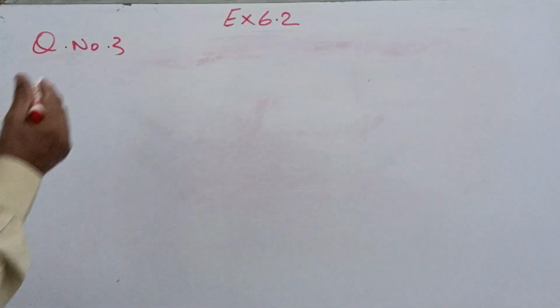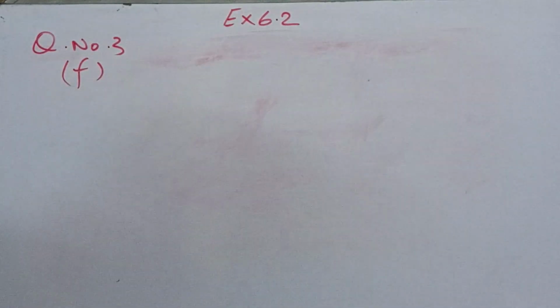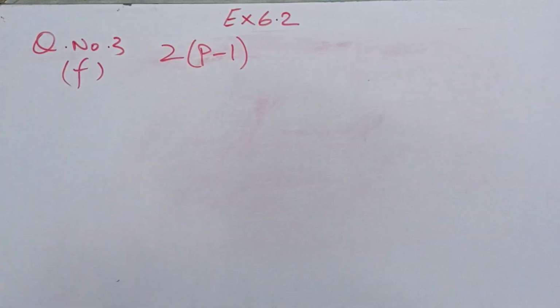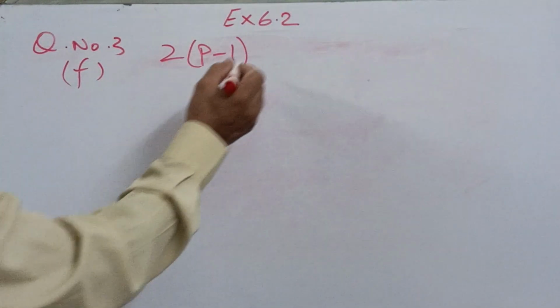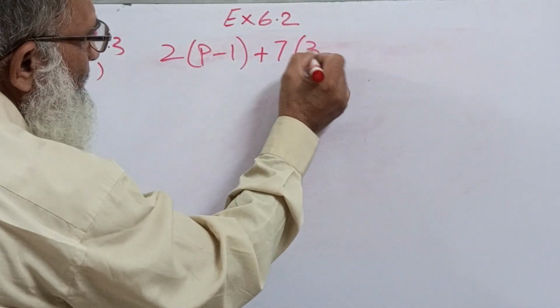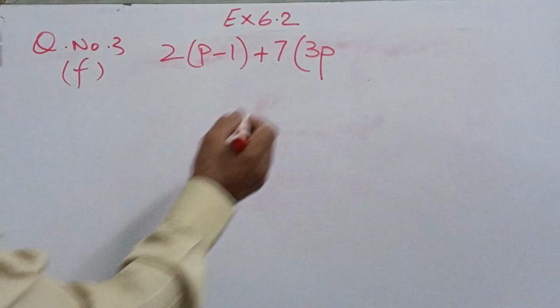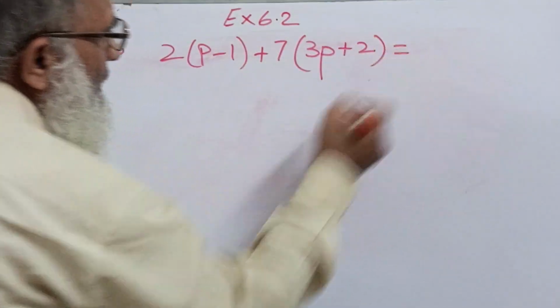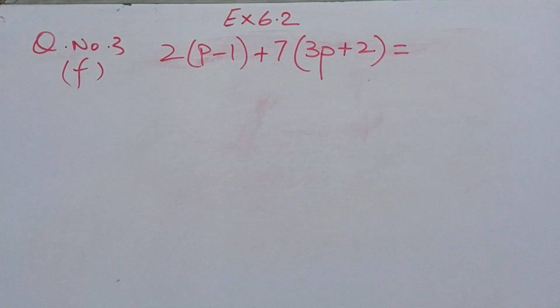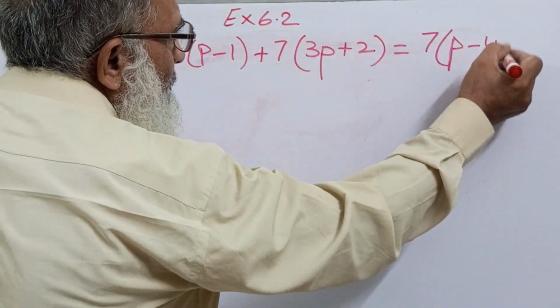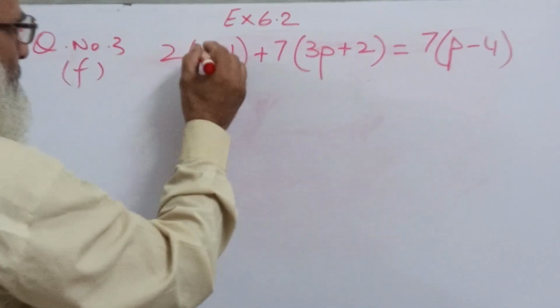I am thinking of finishing this exercise today. 2(p minus 1) plus 7(3p plus 2) is equal to 7(p minus 4).